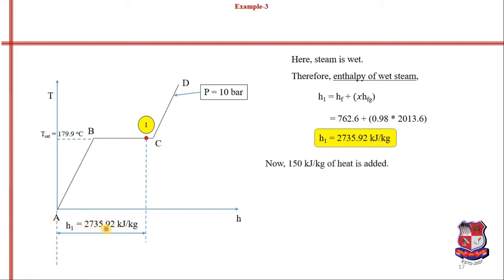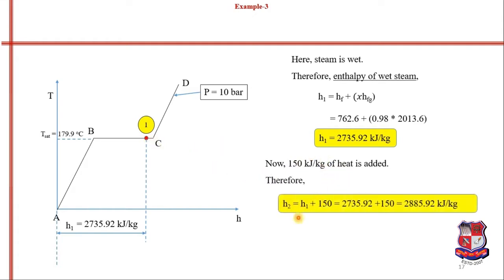Now we are adding 150 kilojoule per kg of heat in this steam. Whatever steam we are having at point 1, we are adding 150 kilojoule per kg of heat to that system. Okay, so our new enthalpy will be H2 equal to H1 plus 150, which comes out to be 2885.92 kilojoule per kg.